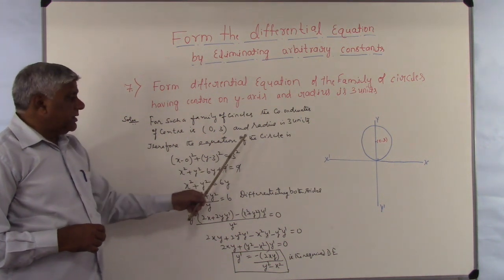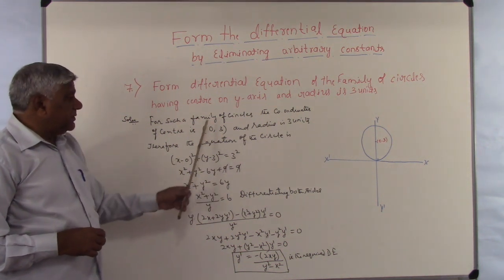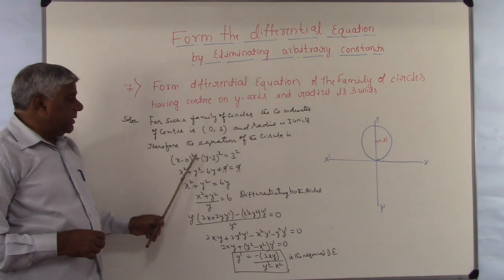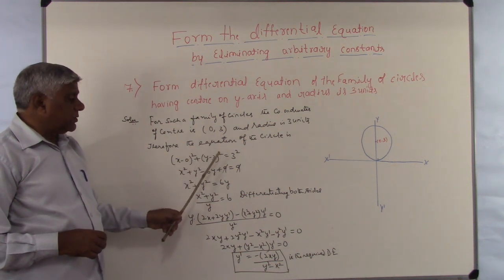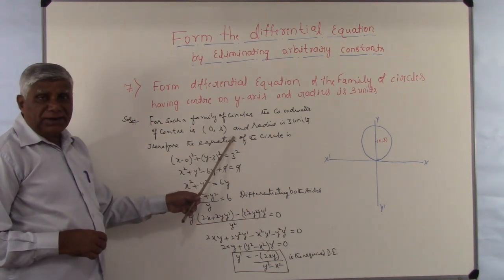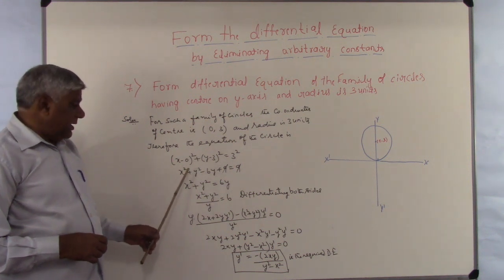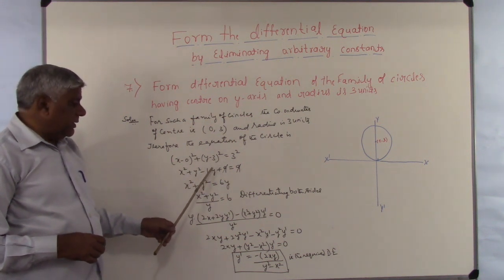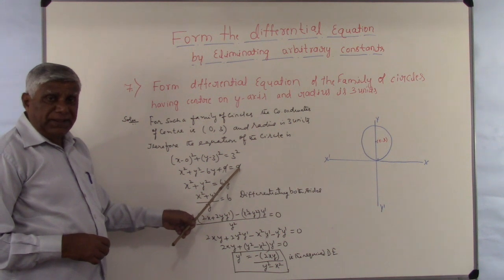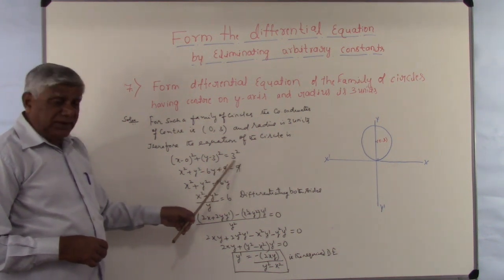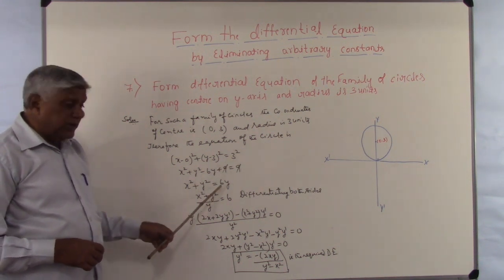Therefore, the equation of the circle is (x minus 0) whole square plus (y minus 3) whole square is equal to 3 square. So that is x square plus y square minus 6y plus 9 is equal to 9. This 9 and this 9 get cancelled. Now minus 6y I am transferring to this side.